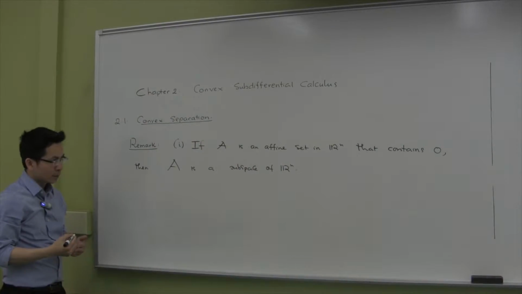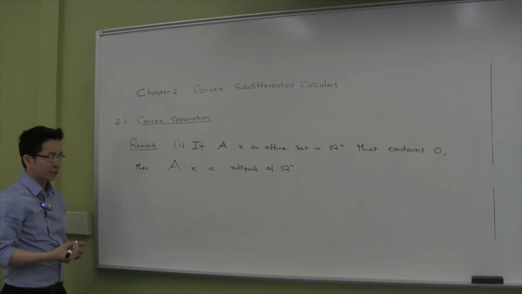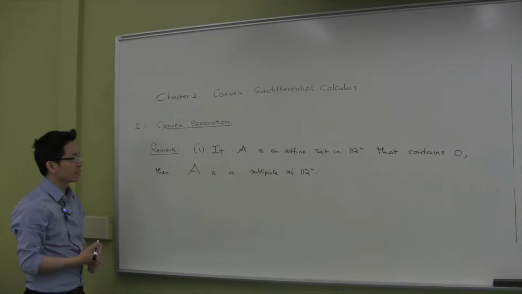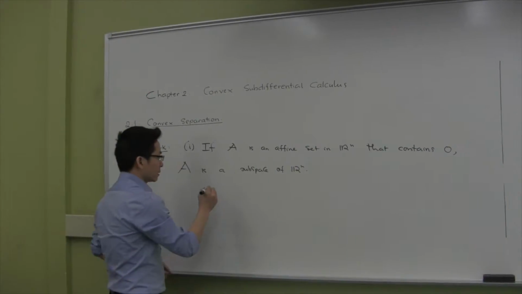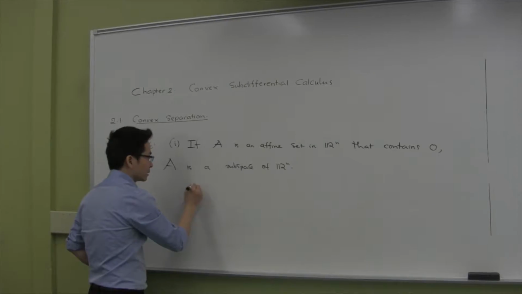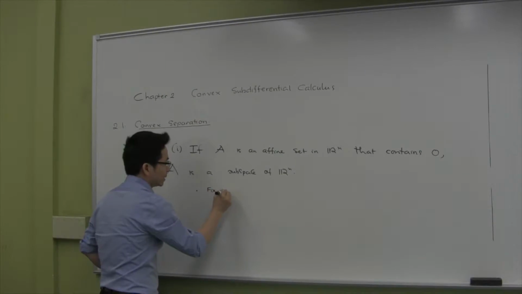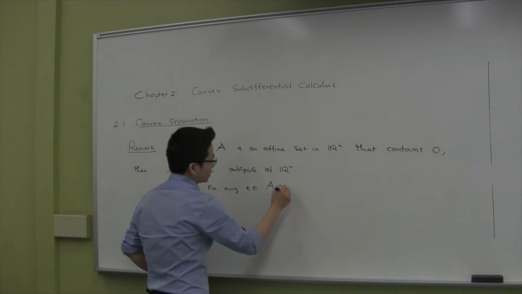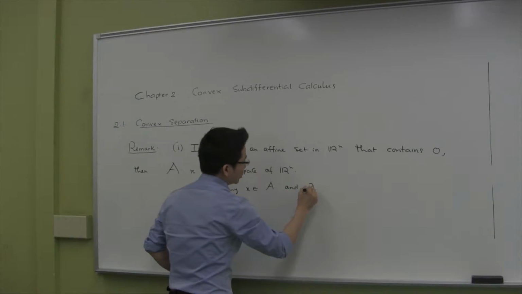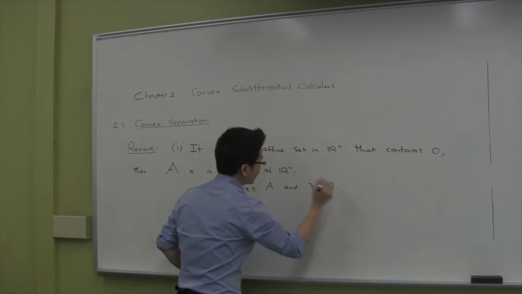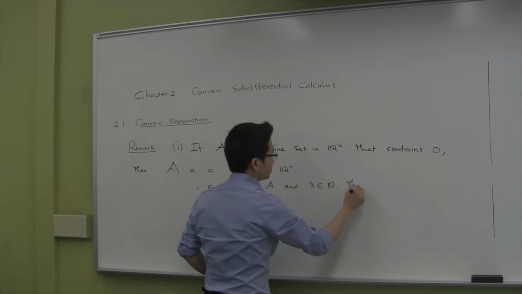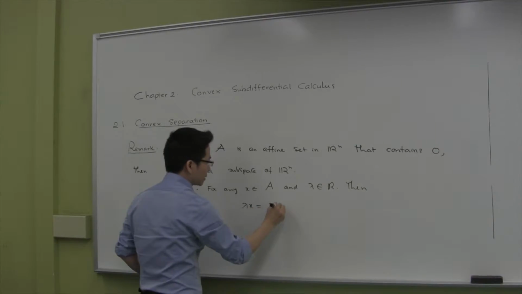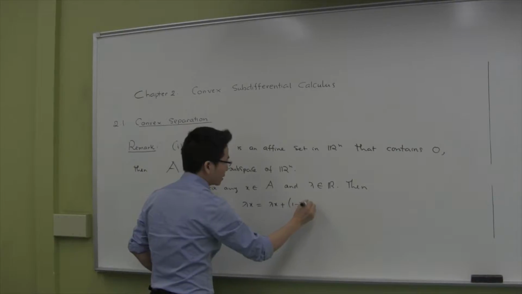So this property is rather obvious, and I'm going to sketch the proof of this statement. First of all, if we fix any x in A and any real number lambda in R, then lambda x can be written as lambda x plus (1 minus lambda) times 0.